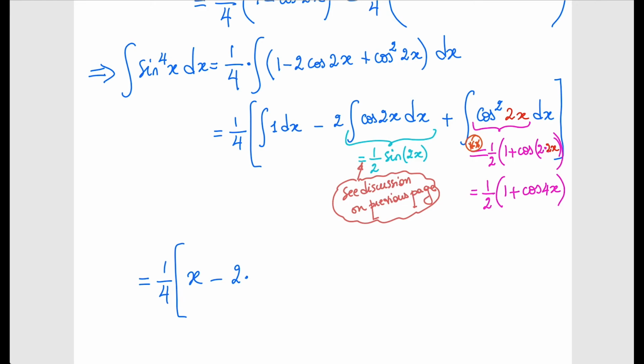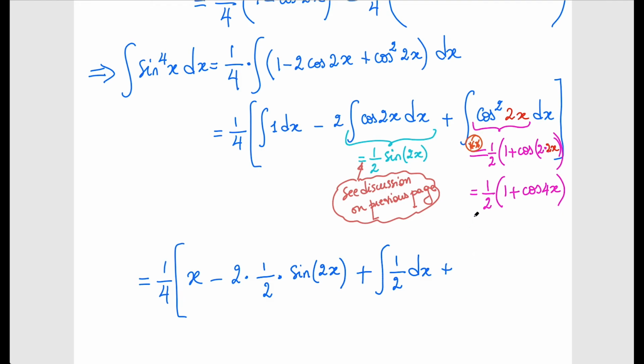Alright, so back to this. This becomes 2 times half times sine twice x, plus the primitive of half times 1, so half dx, plus the primitive of half cosine 4x.